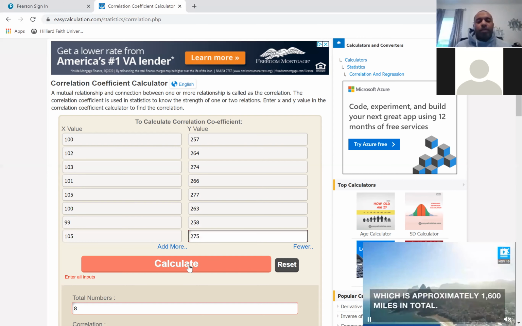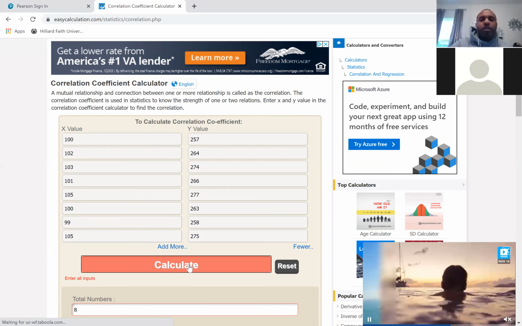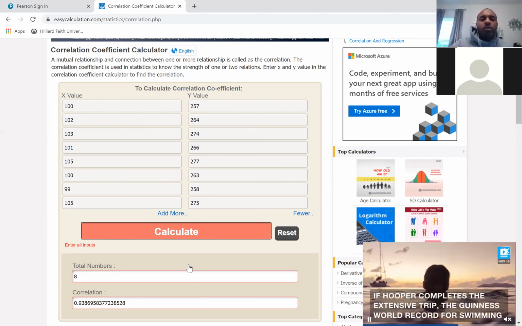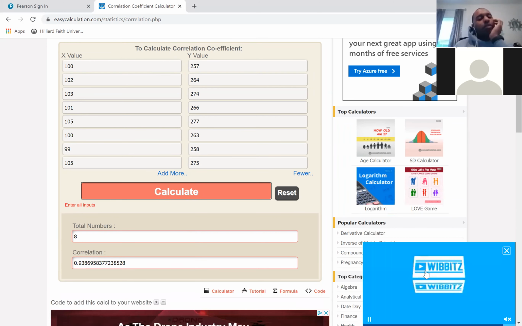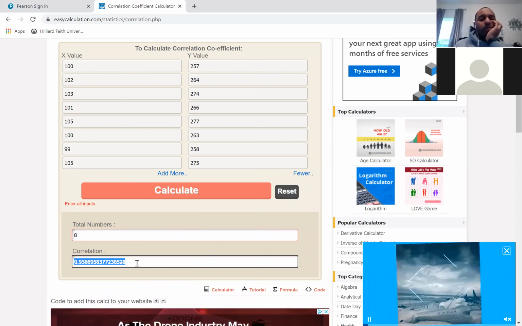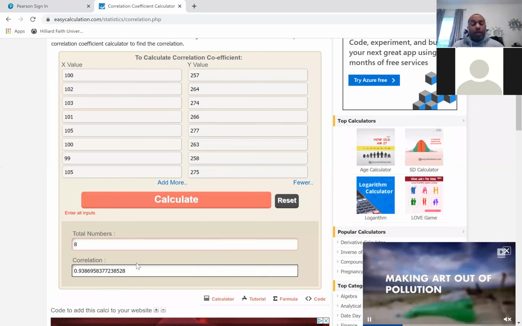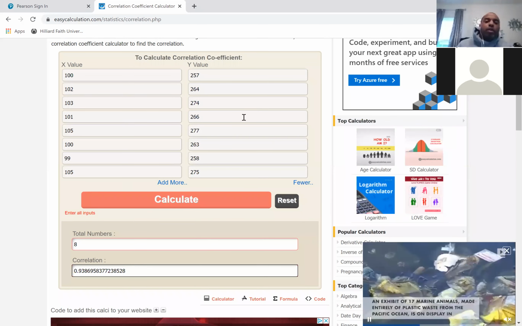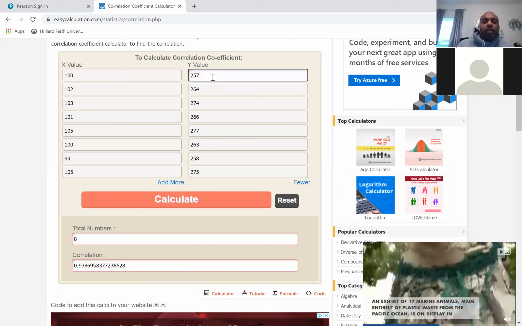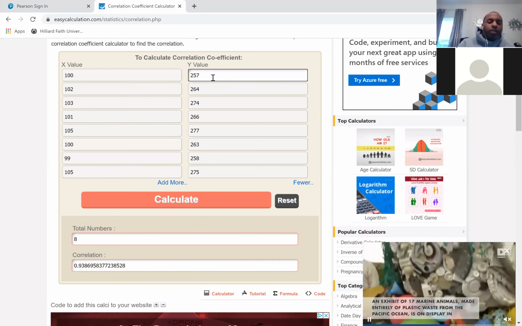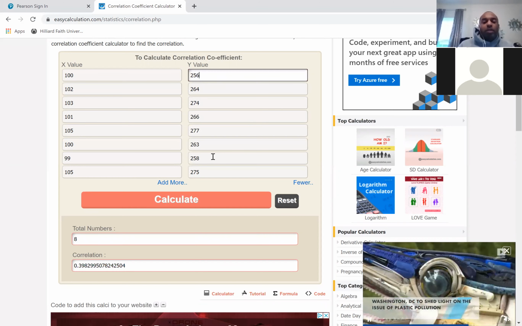All right, so you type in your values, you hit calculate. And there is our correlation down here, 0.9386. And you always want to go back and make sure you check your values. Make sure you've done everything correctly, because let's say if I take this 257 and change it to 256, all I did was mess up one number.